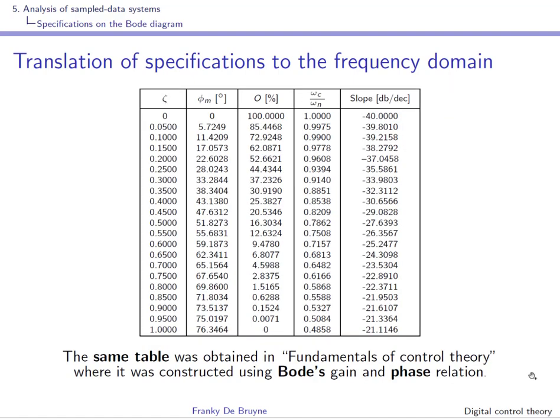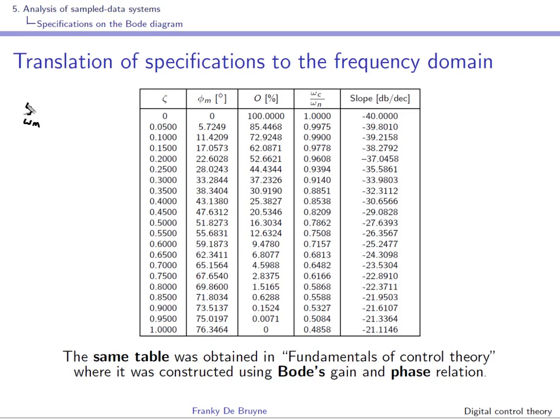As you can see, you can put everything in a table, and the same kind of table was obtained in the course of my colleague David Rouchard, Fundamentals of Control Theory. So how can you use this table? You know from the specifications in terms of overshoot, settling time, or closed loop time constant, you obtain a value of zeta and a value of the natural frequency.